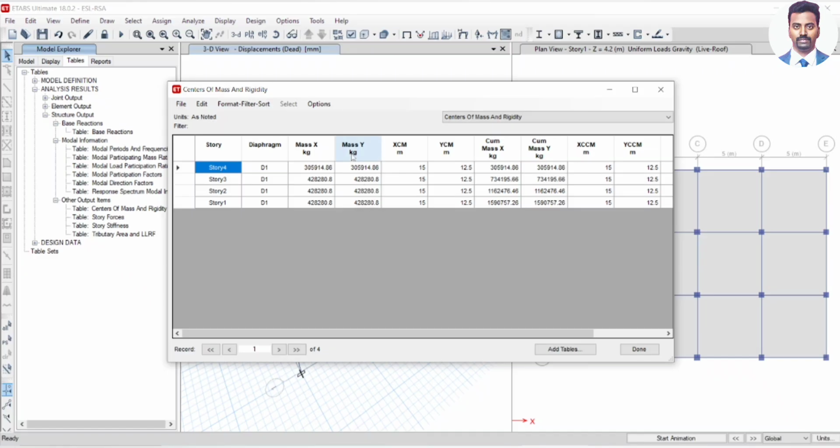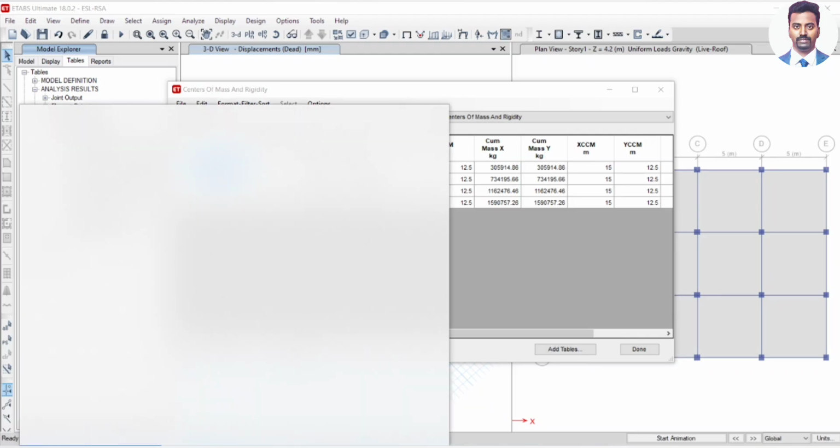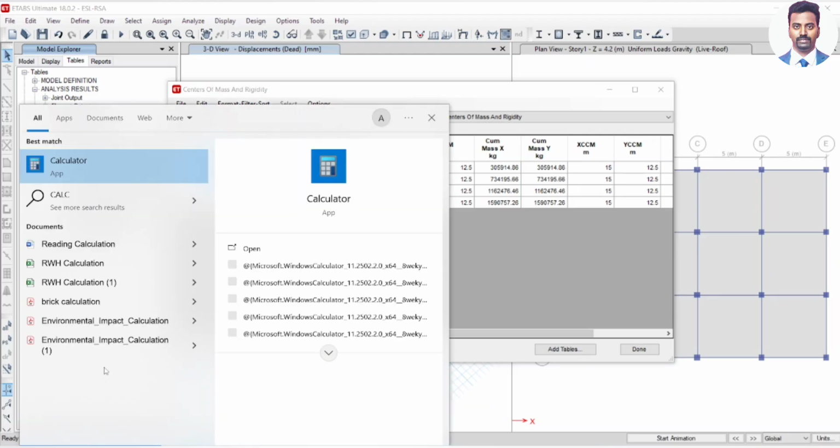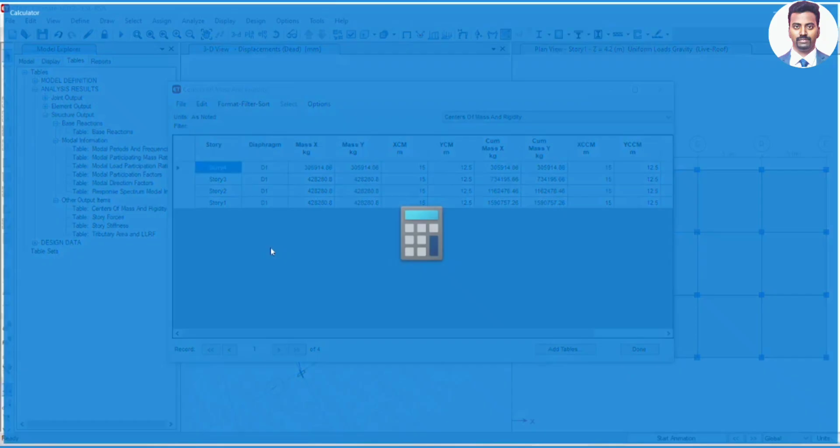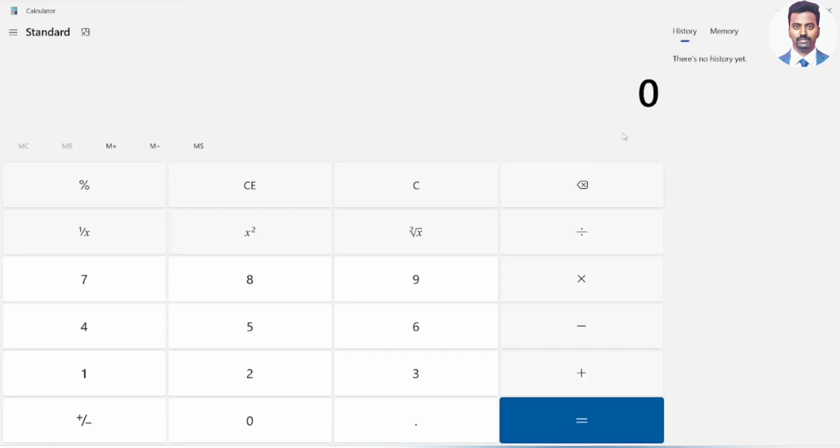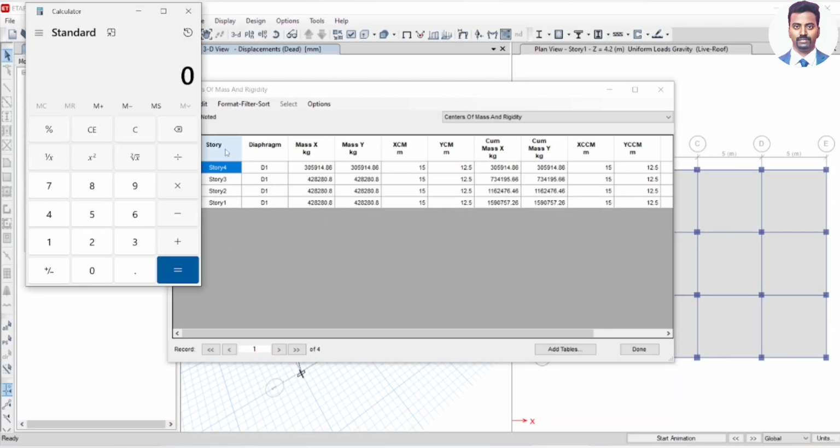Here it is given in terms of kg. So you can calculate in terms of kilonewton. Here the value is 428280. This is in terms of kg.